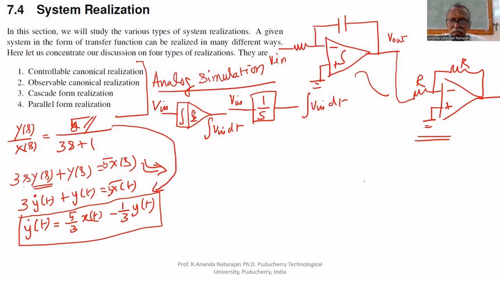Let us assume that y of t is available. We can simulate if y of t is available. Take a summing junction.